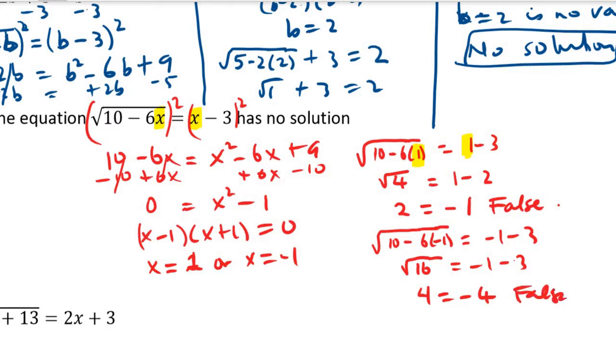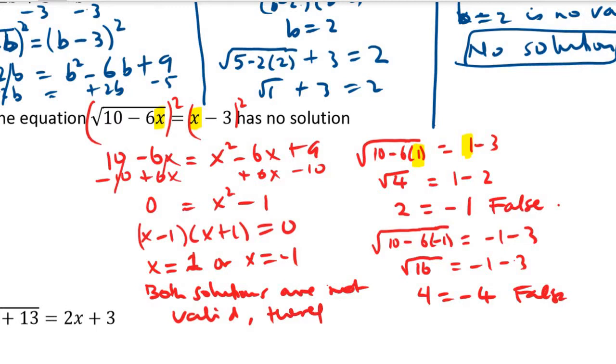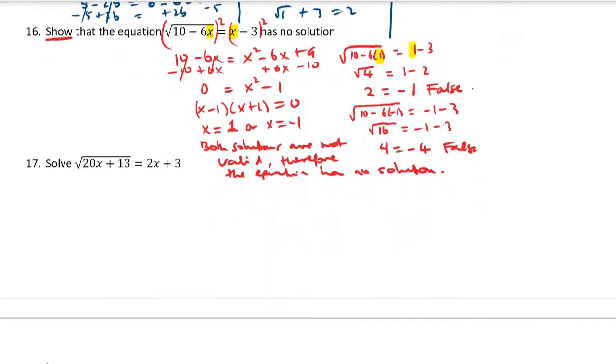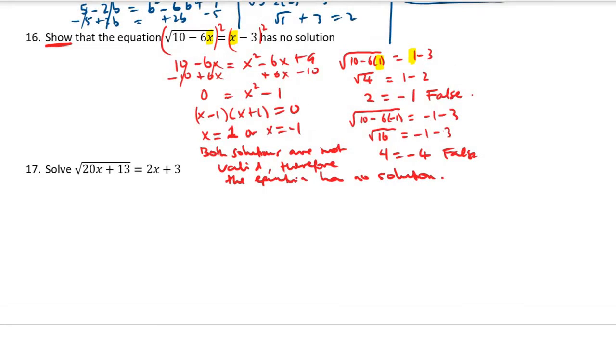So both solutions are not valid. Therefore, the equation has no solution because both of them are false. Okay, so basically that's what you do when you solve square root equations.